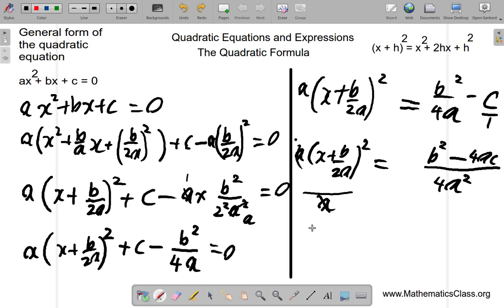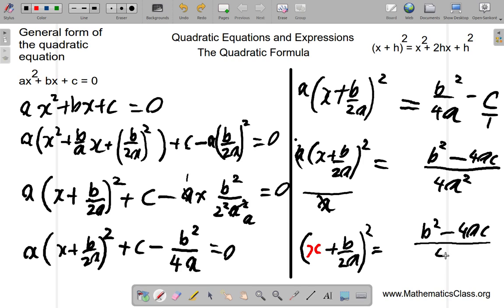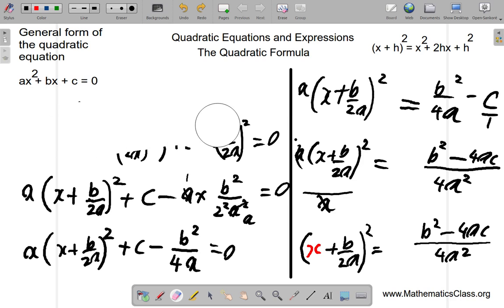Then we have x plus b over 2a squared. Let's put the x in a different color, since it's what we're aiming to end up with. x plus b over 2a squared is equal to b squared minus 4ac over 4a squared.